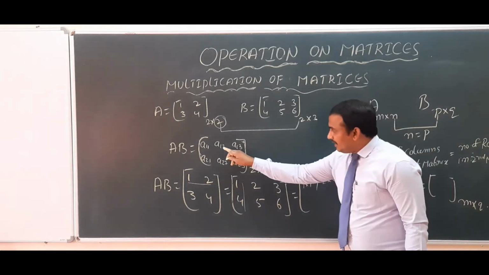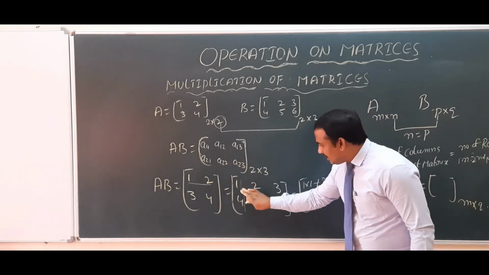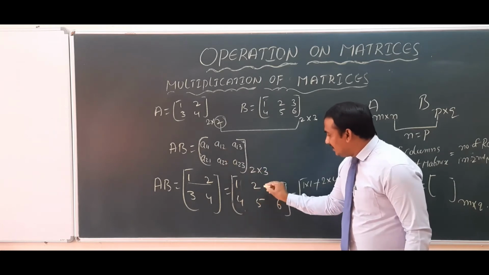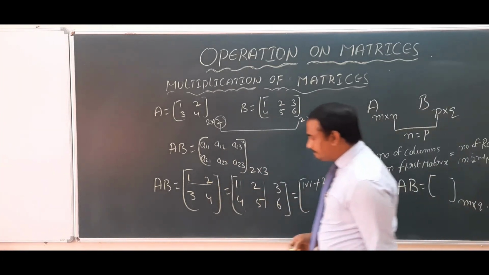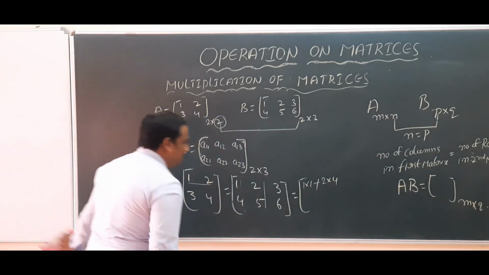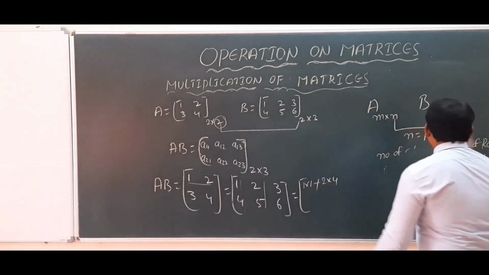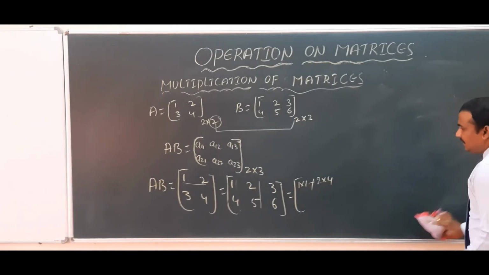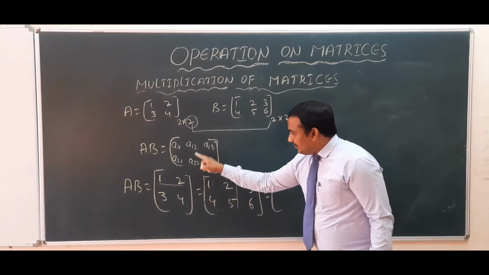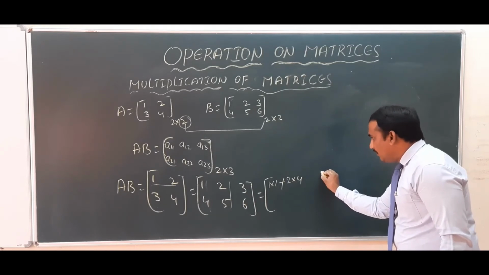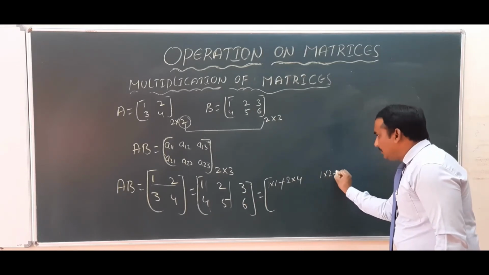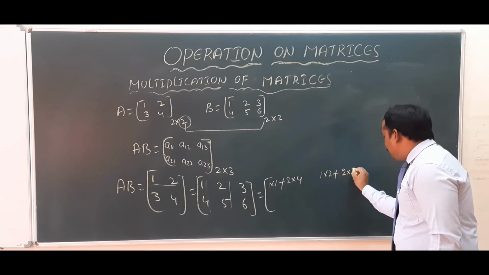Understand? Next a12: the first row with the second column. That is 1 into 2 plus 2 into 5.